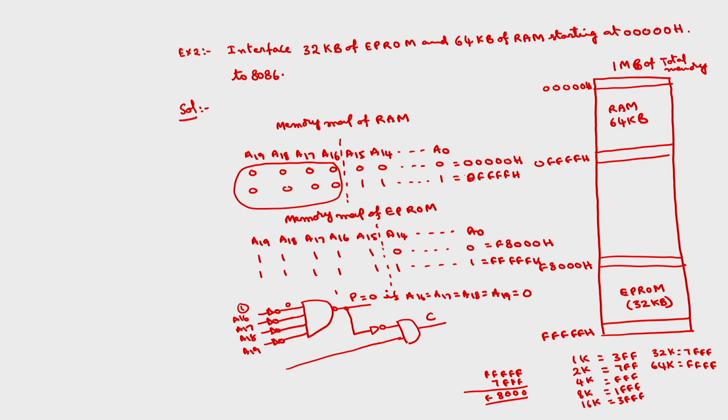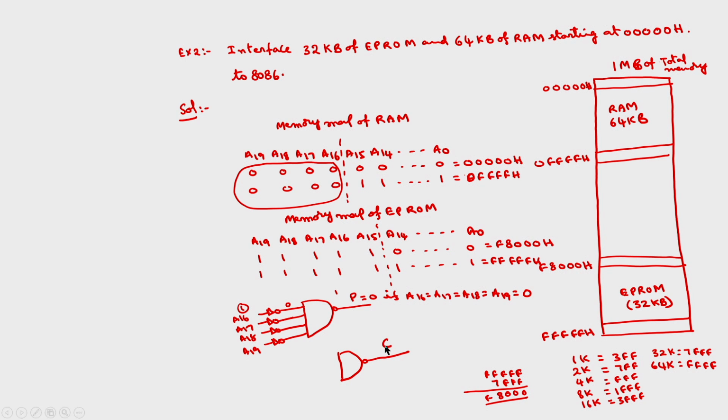If I call this C, with a NAND gate, when C is equal to 0, what happens if A15 to A19 are all ones? I will generate this C separately, instead of generating it from P, in a similar manner. So I will take a NAND gate, but I will not take the inverters now.